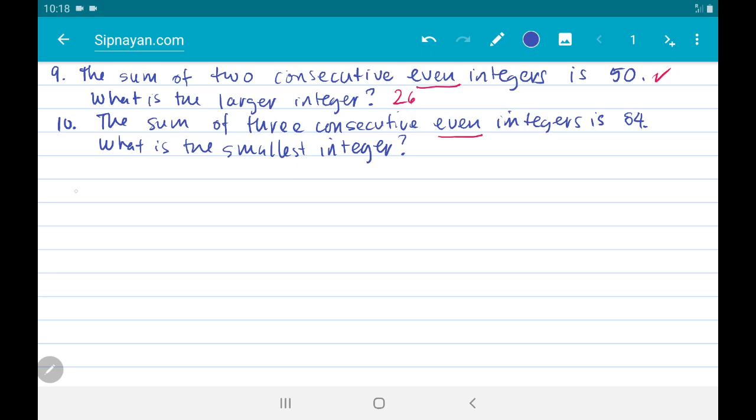Okay, so for number 10, we have 3 integers, consecutive even, x, syempre x plus 2, tsaka x plus 4. Nagdadagdag ng dalawa palagi. So this is the first or smaller, the second, and this is the third integer.